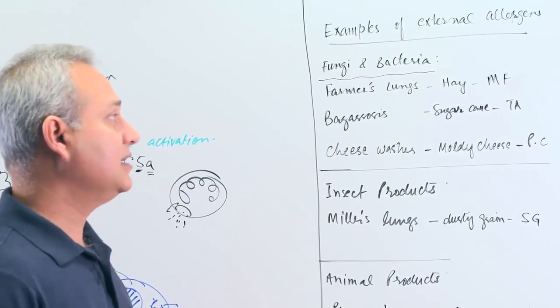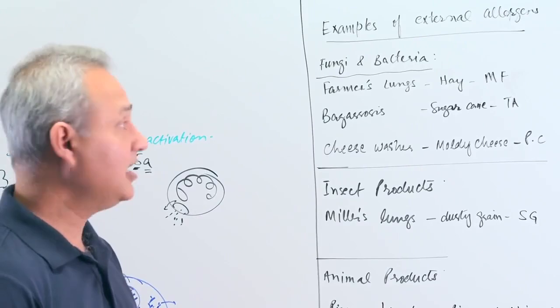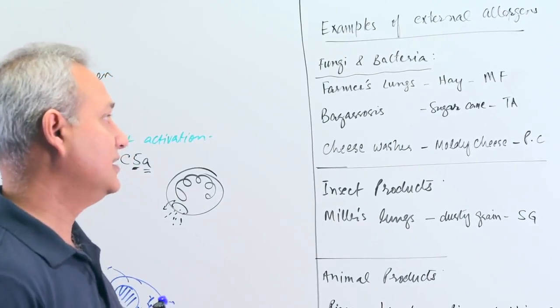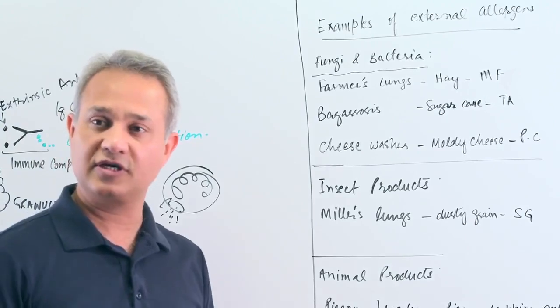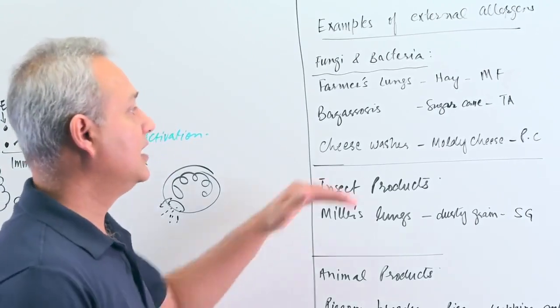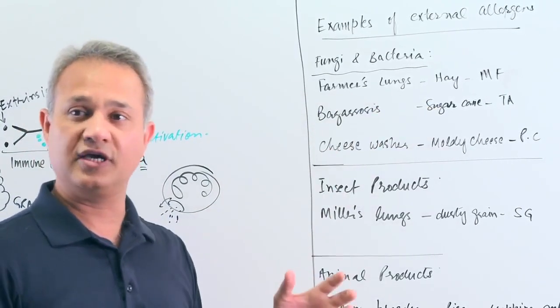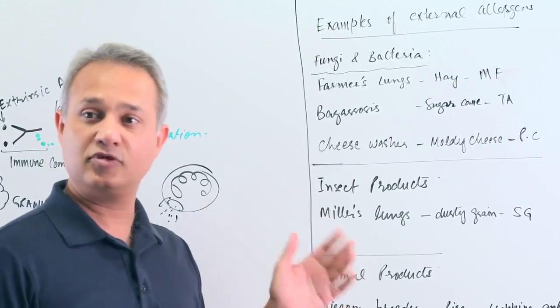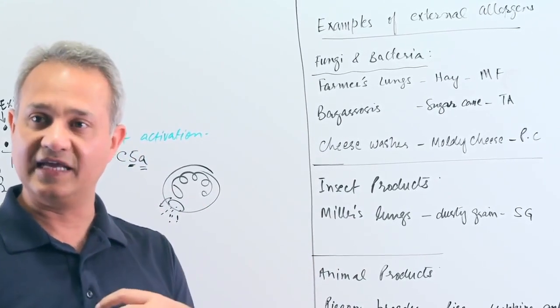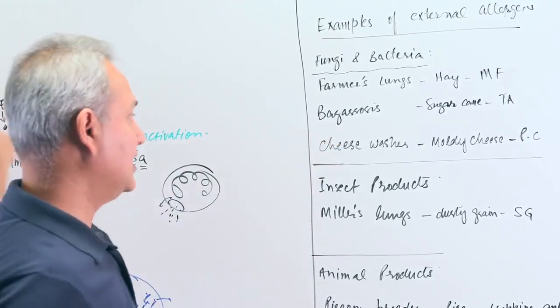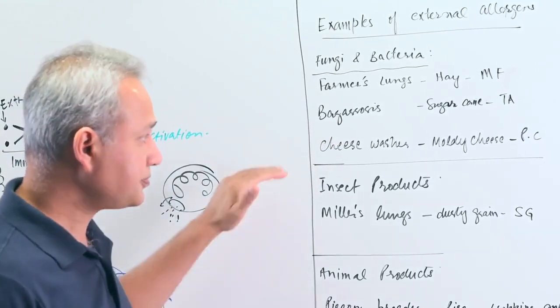So that is the Micropolyspora faeni that causes it. That is the antigen. Bagassosis, which is the sugarcane industry workers. So moldy pressed sugarcane can cause the thermophilic actinomycetes to grow, and that, when inhaled, will cause the same problem as you saw here.